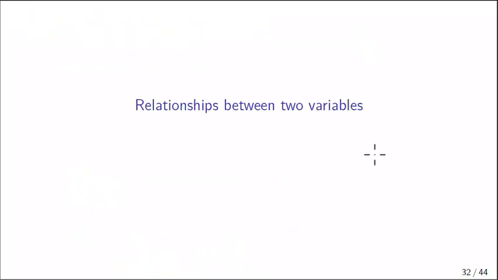All right. After we know how to describe a single variable, the next question, also the last topic for this lecture, is how to investigate the relationship between 2 variables.